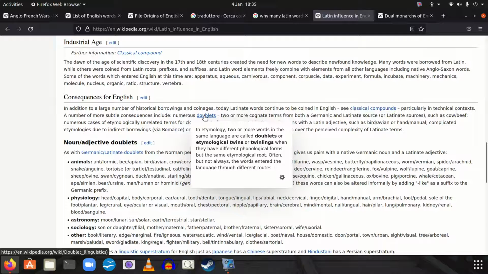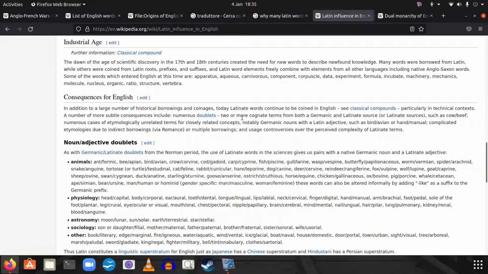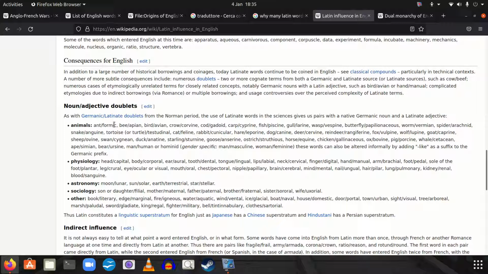It means that you have two or more terms, from both Germanic and Latinate sources. I mean, you can find cow or beef. For example, here ant or formic, bee or apian, bird or avian, crow or corvine, etc.